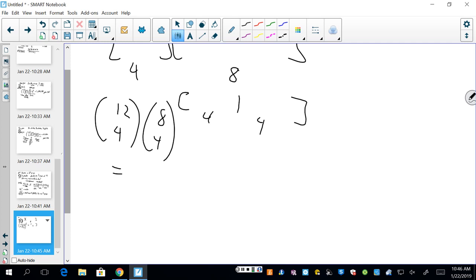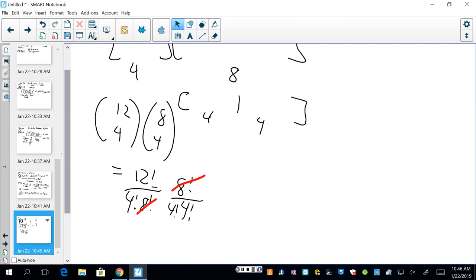So 12 factorial over 4 factorial times 8 factorial is the first one. And then 8 factorial over 4 factorial times 4 factorial is the next one. And so the 8 factorials cancel, and that's the same partition. But it's good to think about it that way too, so that sometimes you can do it in steps, and that simplifies the process.